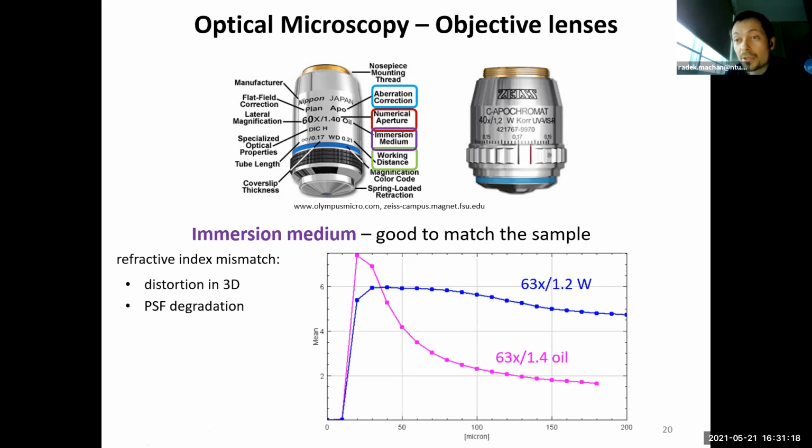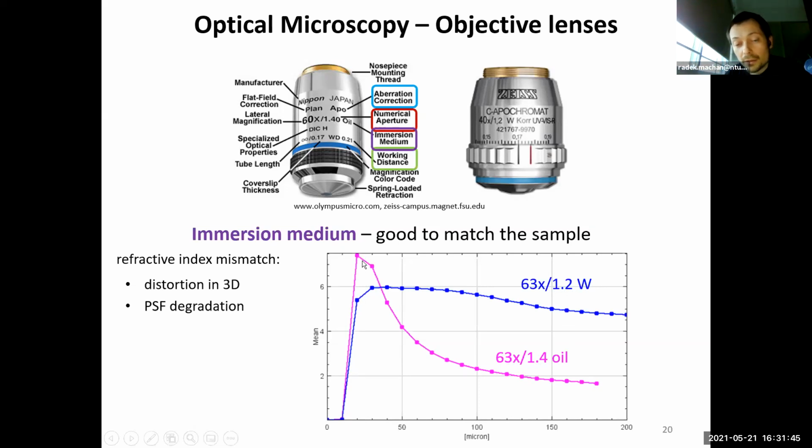The sample is an aqueous solution of a fluorescent dye, a very simple sample. Of course, the refractive index of the sample in this case is about the same as water, so it's quite different from the oil. So you see here this sharp rising edge, that means I come from the cover slip into the sample.